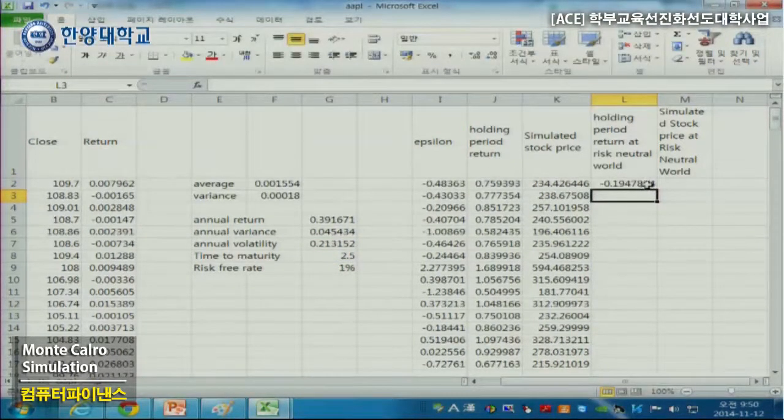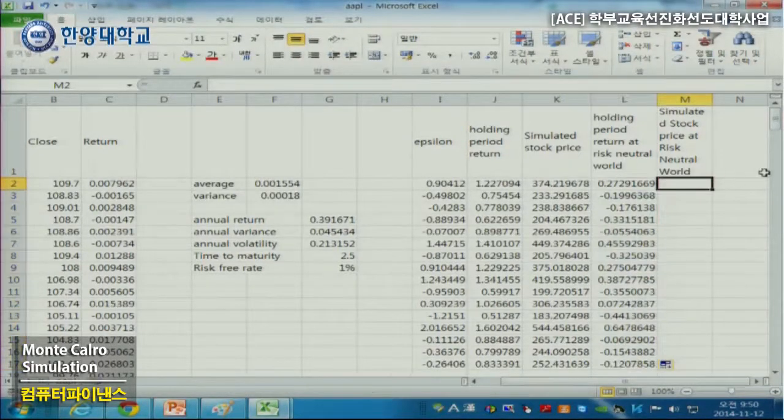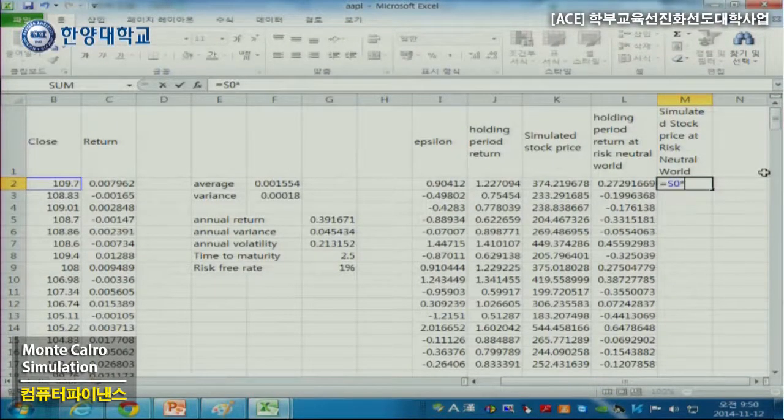Okay, now the holding period return is significantly lower. And then the simulated stock price is therefore S0 multiplied by the exponential of this one.